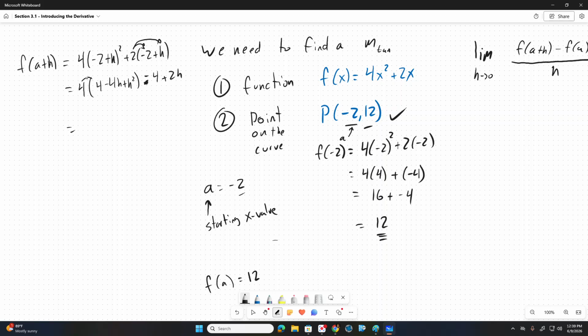Once again, we'll distribute out. This is going to be 16 minus 16h plus 4h squared minus 4 plus 2h. Those two things combine, and those two things combine.